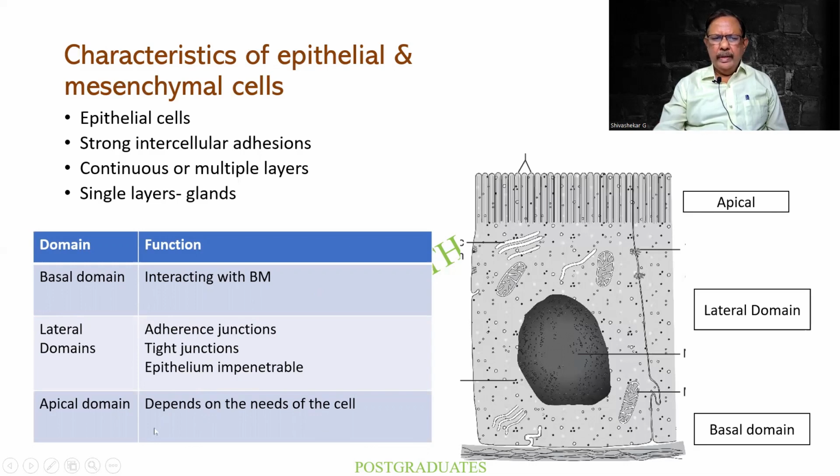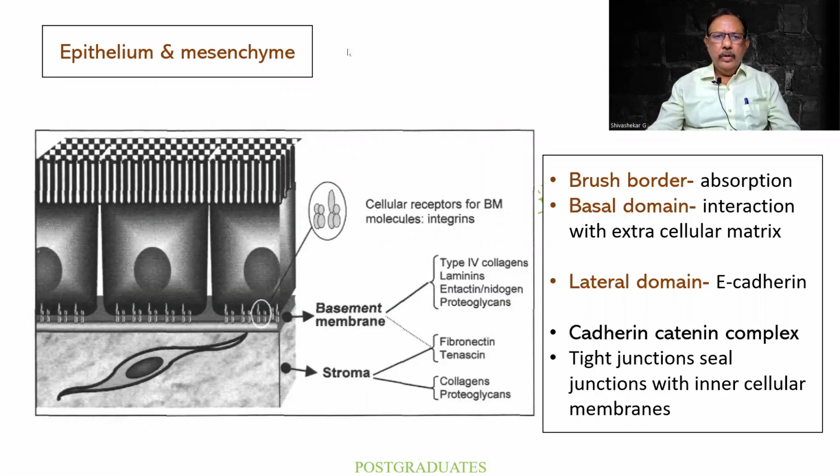The apical domain depends on the needs of the cell, whether it is going to reabsorb or secrete. So this is what we had seen earlier. The brush border is for absorption, the basal domain is for interaction, and the lateral domain, E-cadherin, is meant for stability. There is a cadherin-catenin complex which gets broken. Otherwise, they form tight junctions.